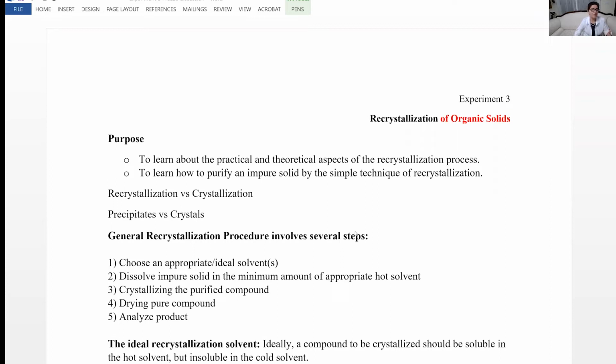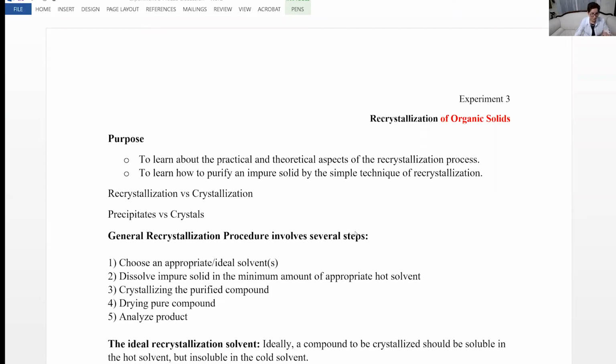But in formation of crystals, you give enough time to the molecules to stack one over another. And because they have a proper arrangement, impurities are not going to fit in there, and you get crystals that are pure. So you have to be careful not to cause precipitation.